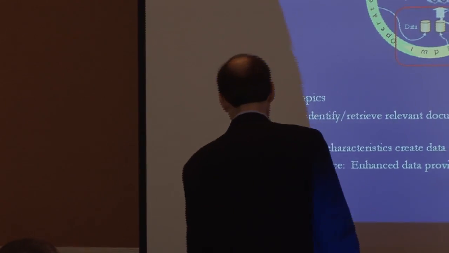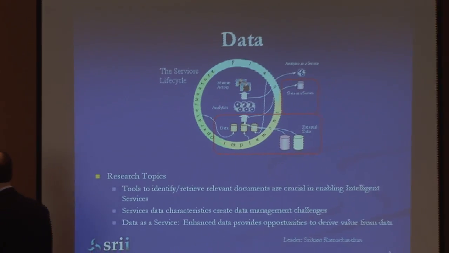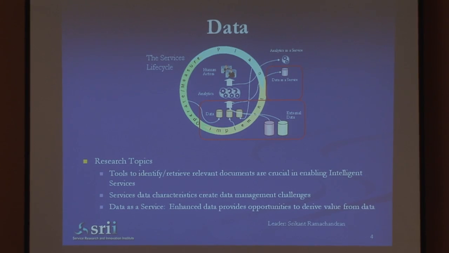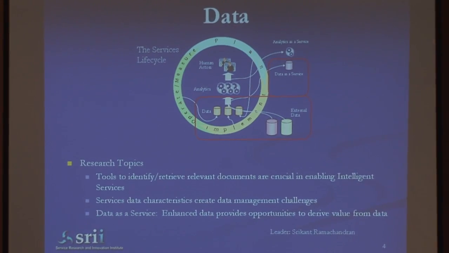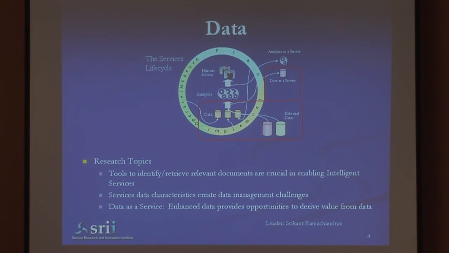So I'll just quickly give a high-level view of each of these 5 focus areas to give you some ideas of what we think the key research topics are in each of these areas. In the data part of the services life cycle, obviously we need the tools to identify, retrieve, and manage the relevant data.